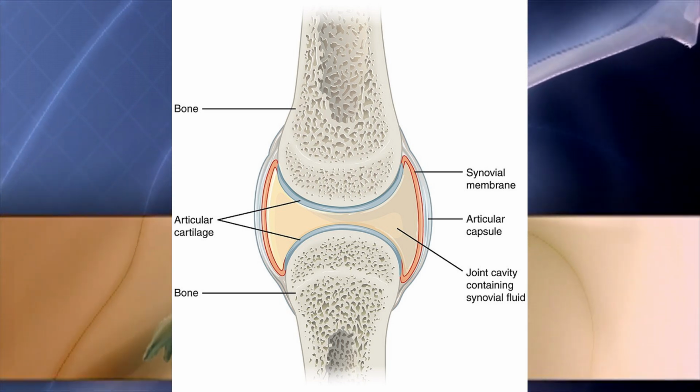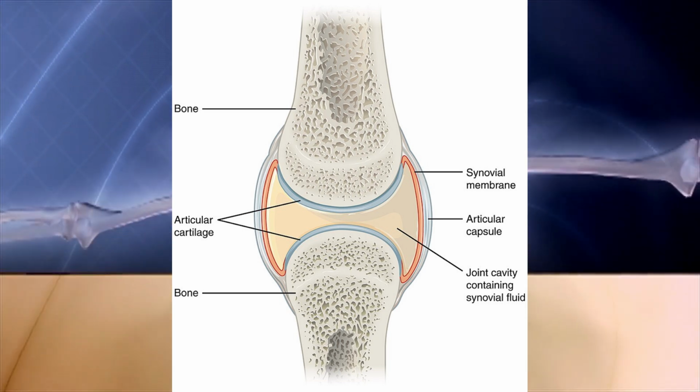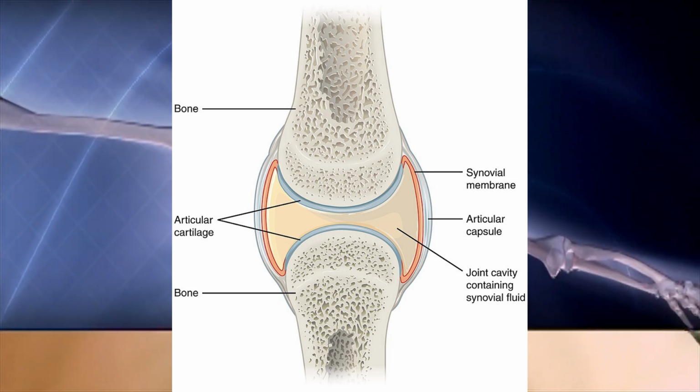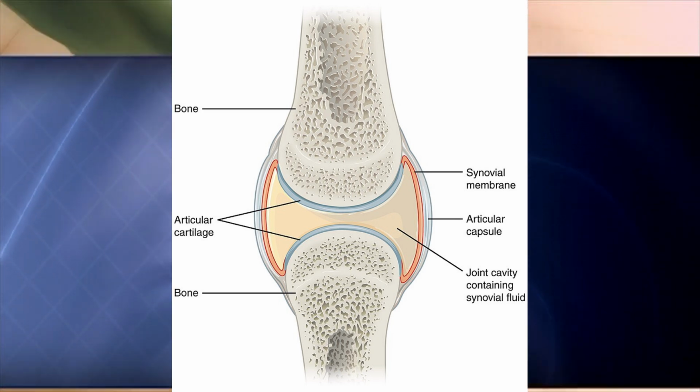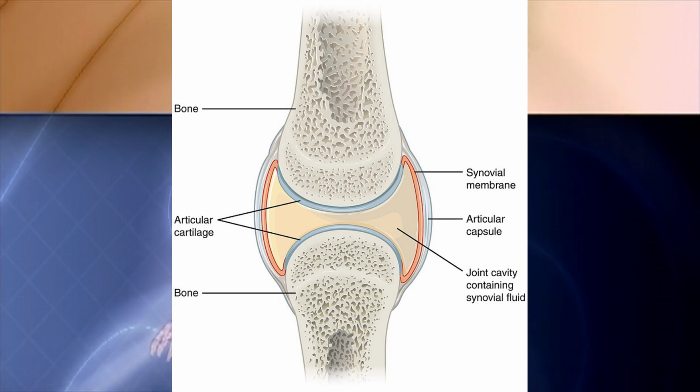Now we have the far more familiar kinds of joints, your synovial joints, and these are almost entirely defined by the fact that there is a small fluid-filled sac or cavity that is contained within a fibrous capsule.